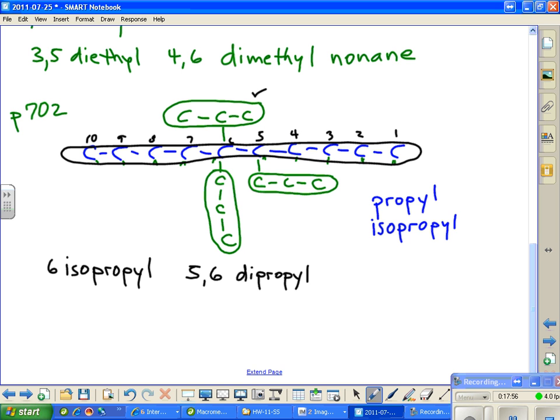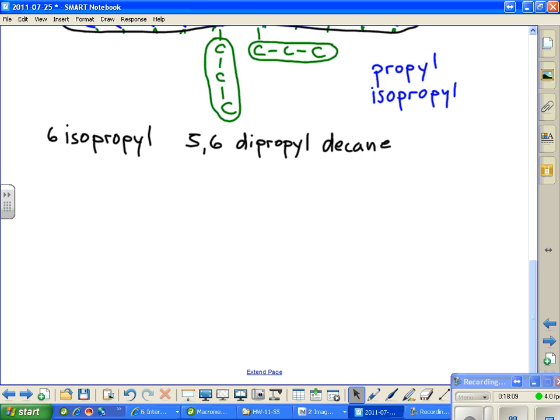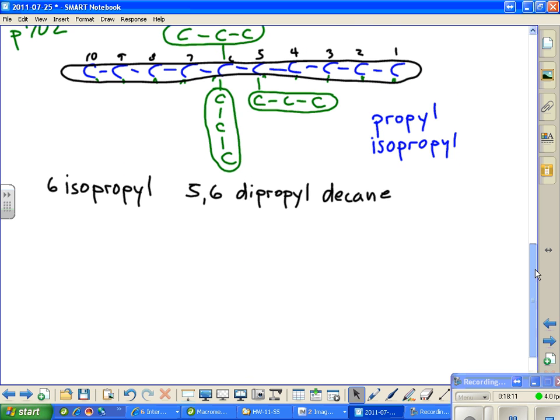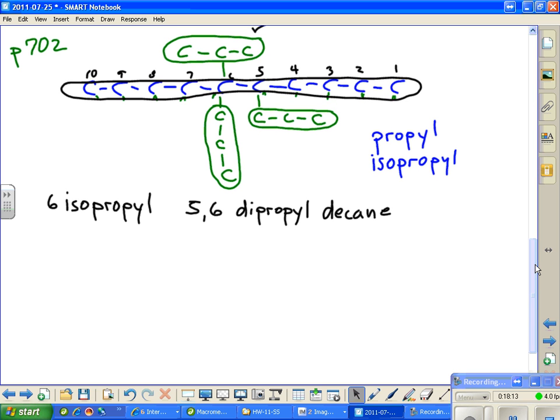And the final name? Decane. I want to do one more little thing that's going to throw you a little bit, and we want to get used to it. So, any questions on how I got to the names on this guy? Okay. And that 702 is where the chart is.